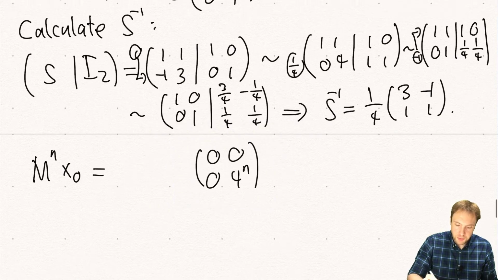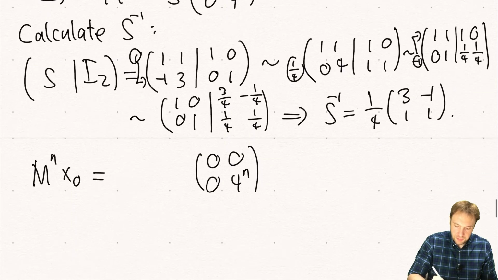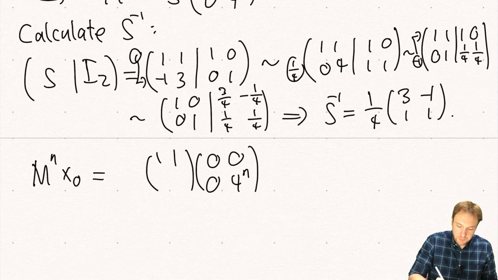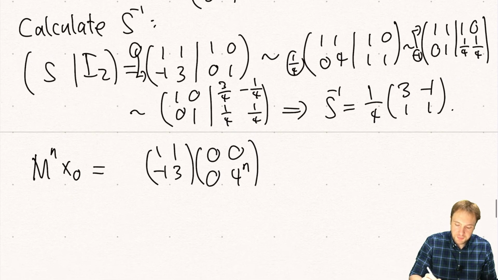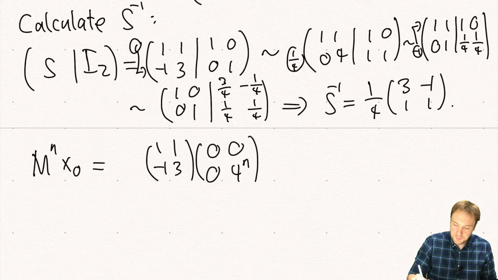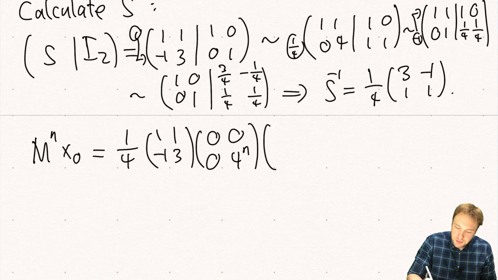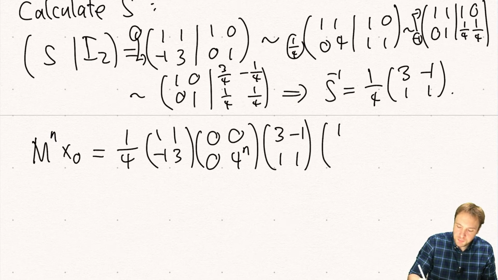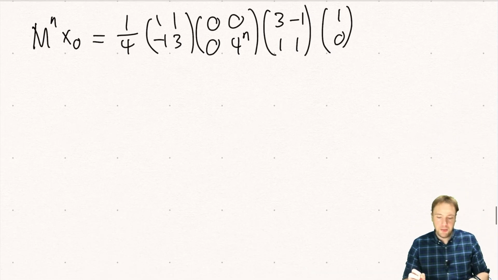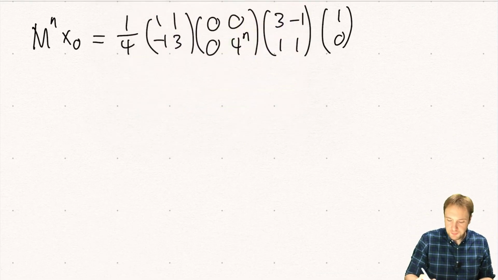So S is 1, 1, minus 1, 3. So this is S. And S inverse is the thing we just calculated, and the 1 over 4 we can put in front. So this is S inverse, and we want to multiply it with x0. Okay, so we have this.